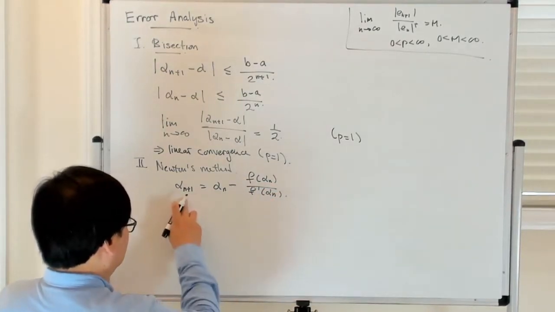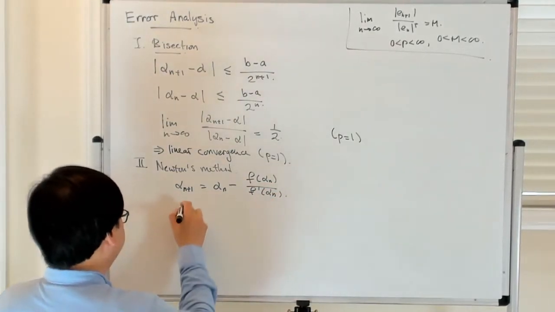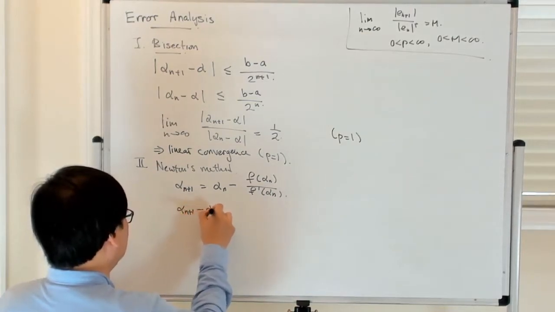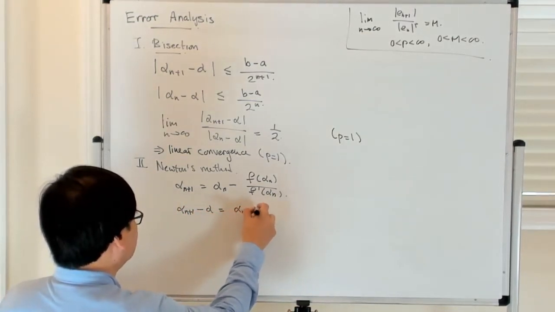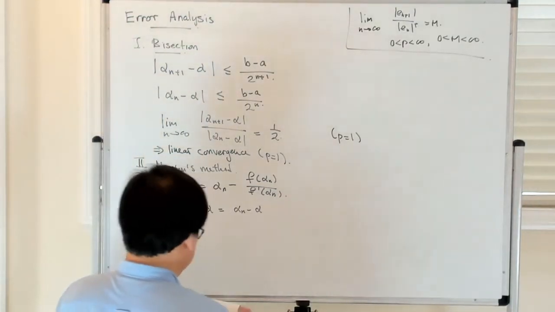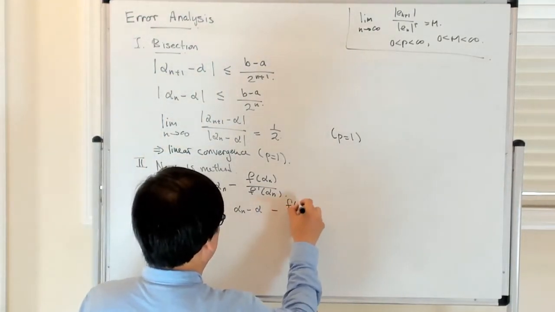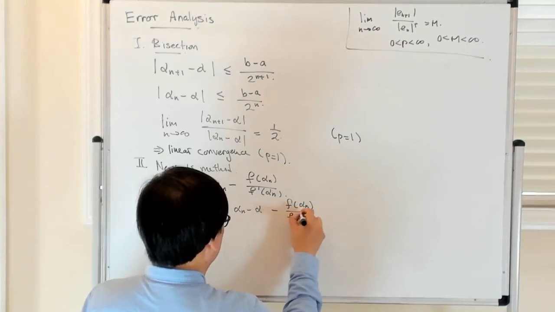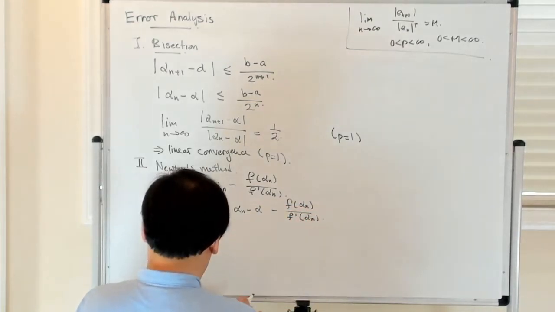So I'm going to subtract alpha from both sides. So alpha n plus 1 minus alpha is equal to alpha n minus alpha minus f at alpha n divided by f prime at alpha n.